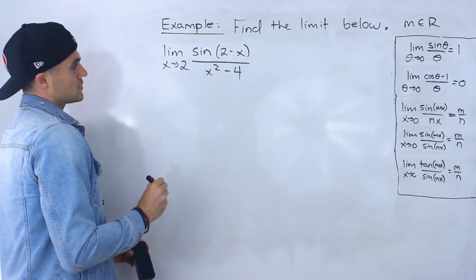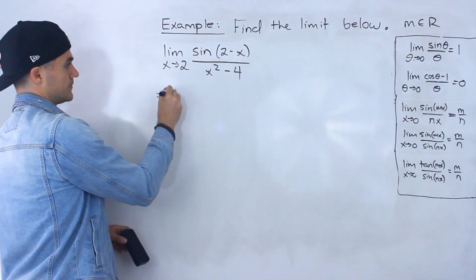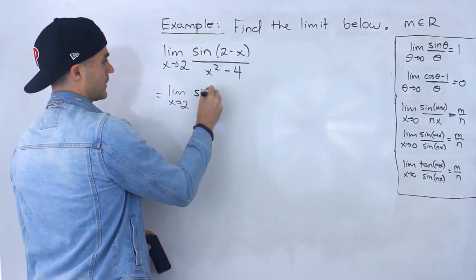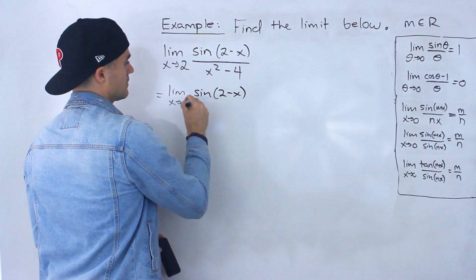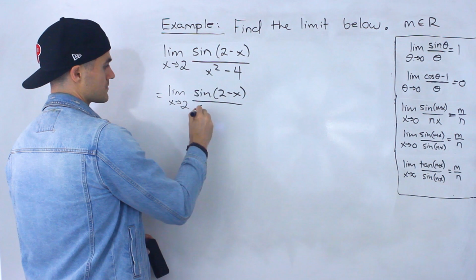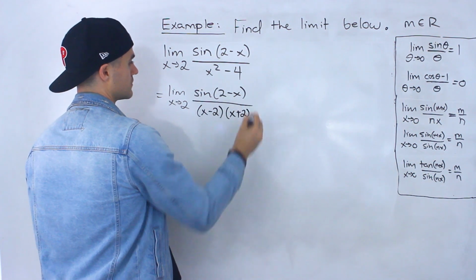So we have to use some other strategy, and more specifically, I'm going to factor the denominator. Notice x squared minus 4 is a difference of squares, so we'll have (x minus 2)(x plus 2).